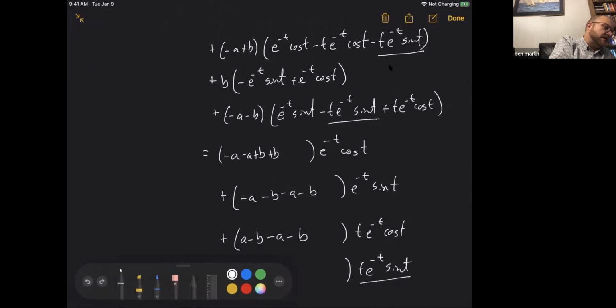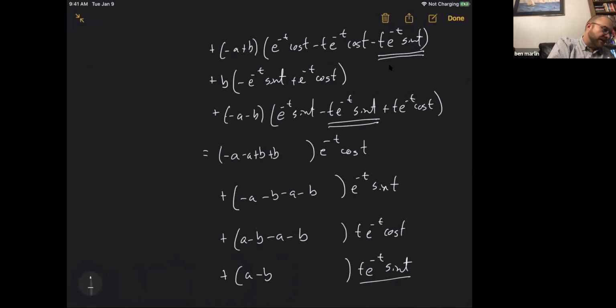Since it is a minus here, then we end up with a minus minus a, and then a minus b. And then because it's negative here as well, it'll cancel out the two signs on that, and we'll have that.